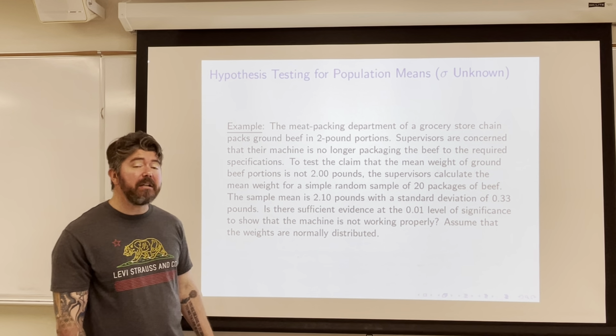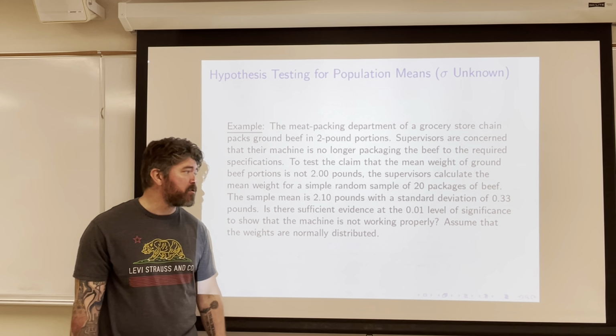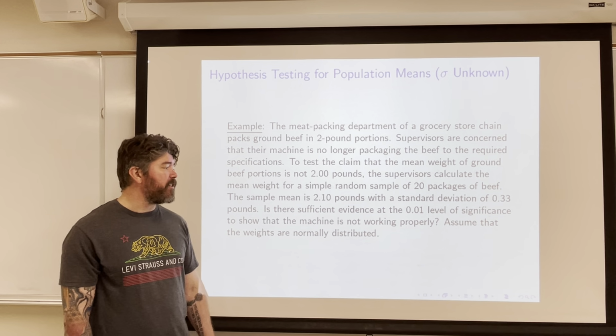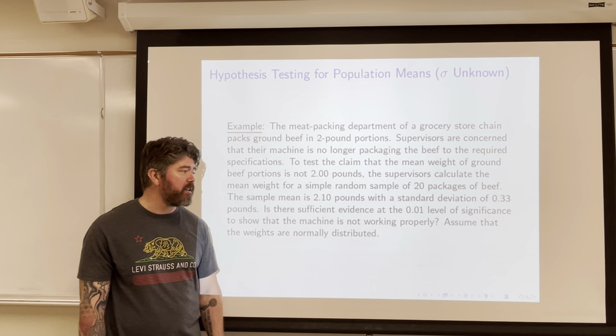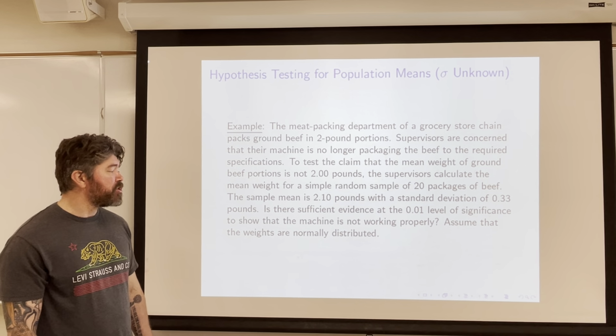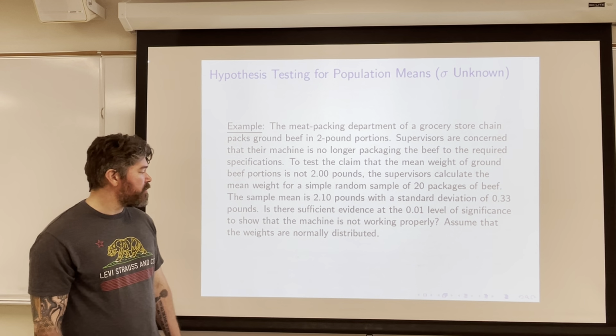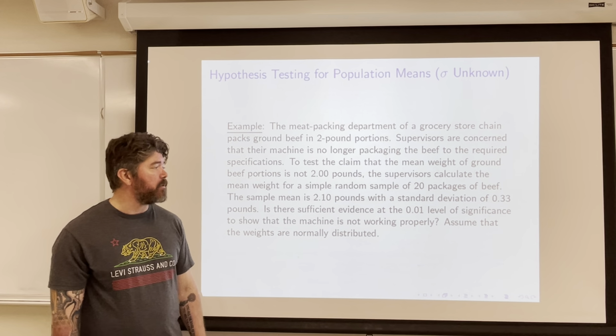The sample mean is 2.10 pounds with a standard deviation of 0.33 pounds. Is there sufficient evidence at the 0.01 level of significance to show that the machine is not working properly? Again, assume that the weights are normally distributed.